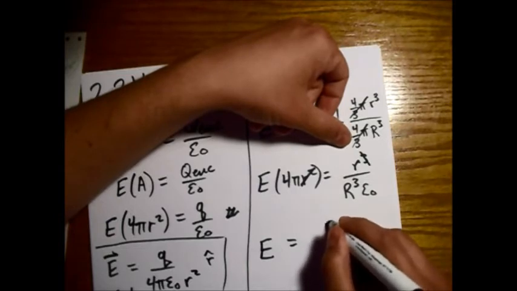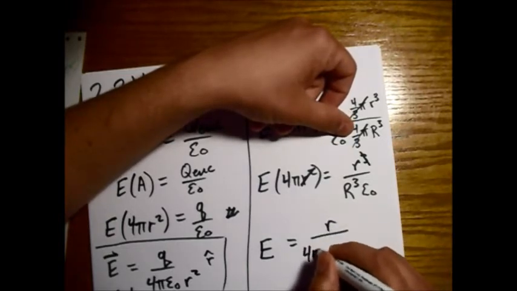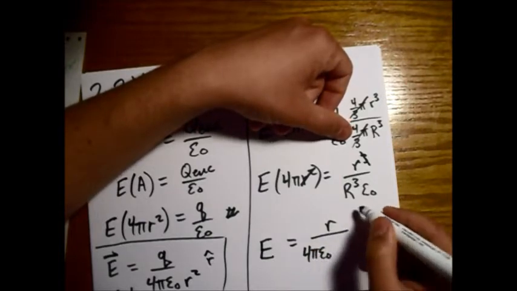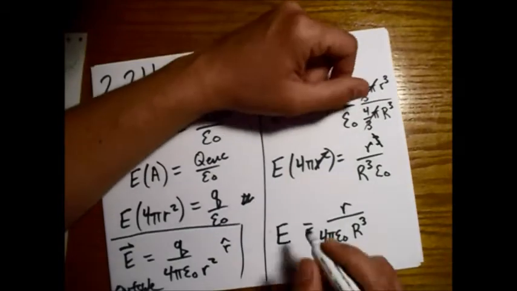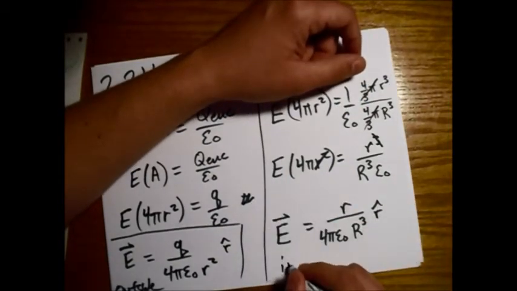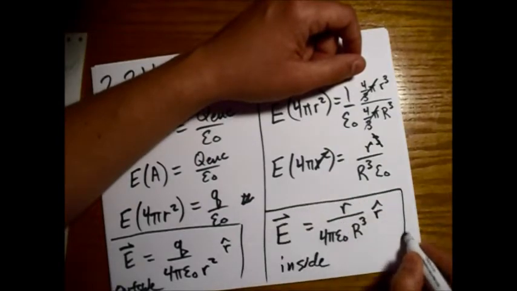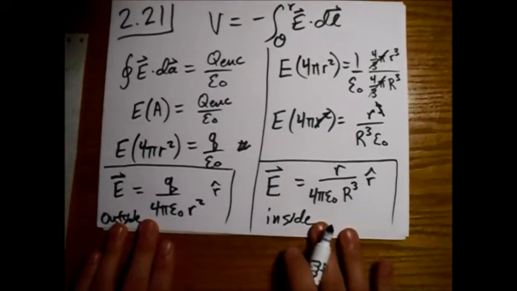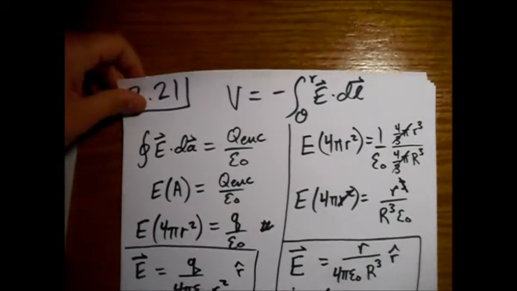So we have a little r on top is all that's left, and then we have our 4 pi epsilon naught and big R cubed. And again, when we make this a vector, it's going to be in the r hat direction. So here's our outside, here's our inside. That was fairly painless. And now we'll get to the problem.